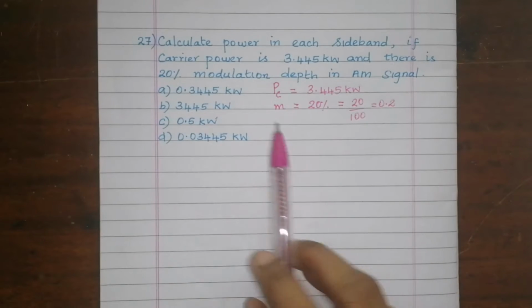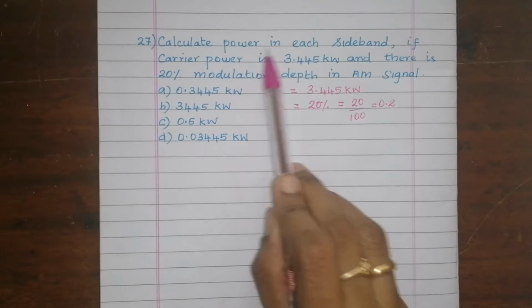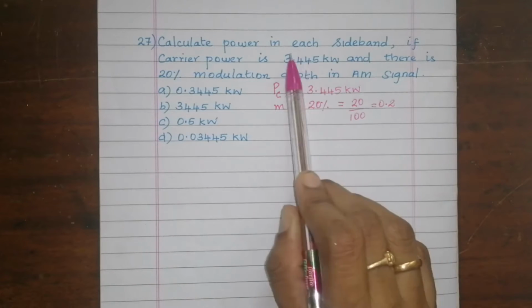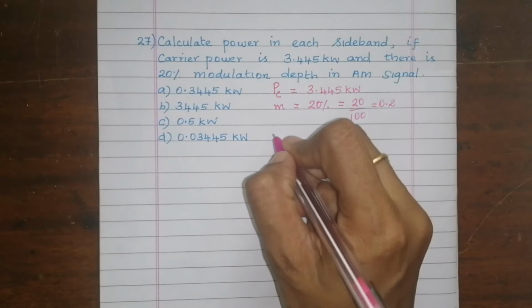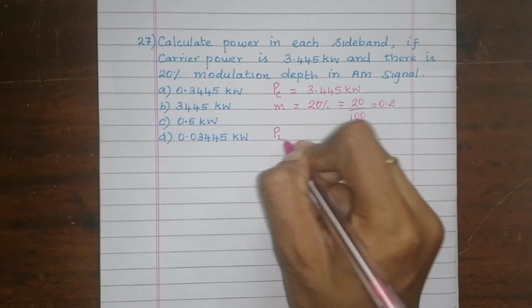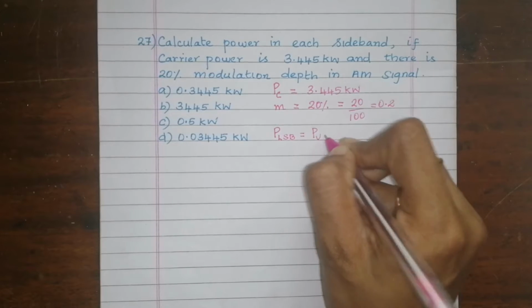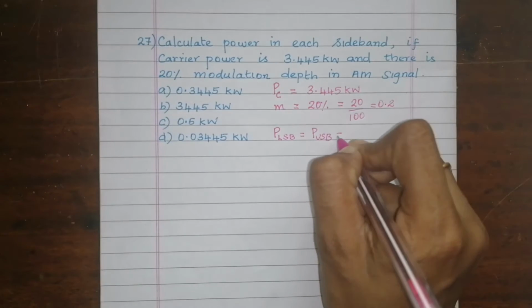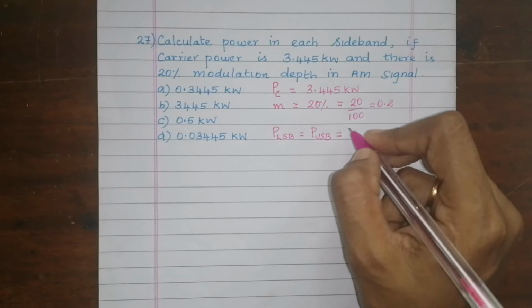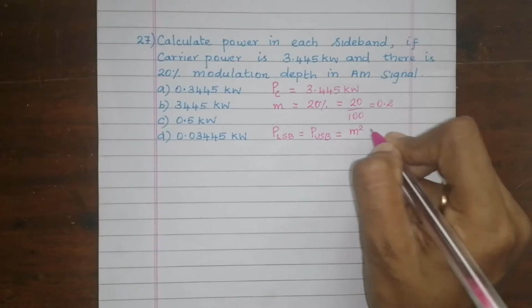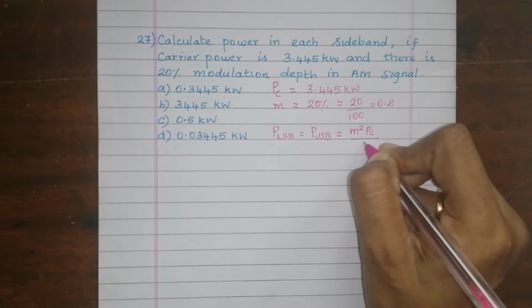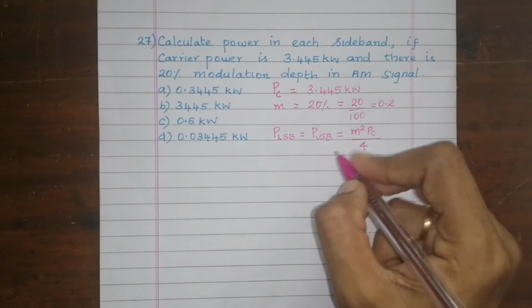Now, what is our question? We have to calculate the power in each sideband. To calculate power in each sideband, power in LSB or power in USB, we have to use the formula M square PC by 4. Now we have to substitute these values.